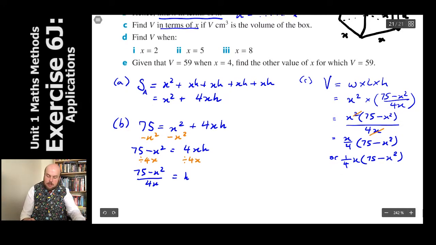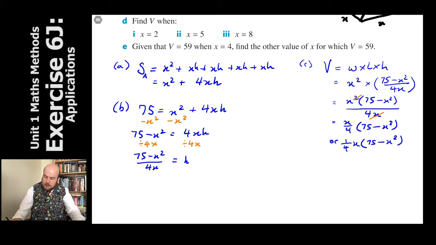D, find the volume when we substitute these particular values in.